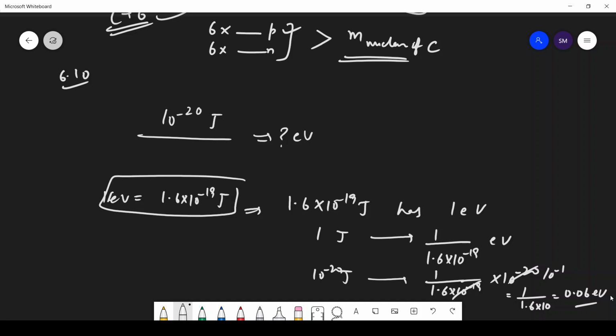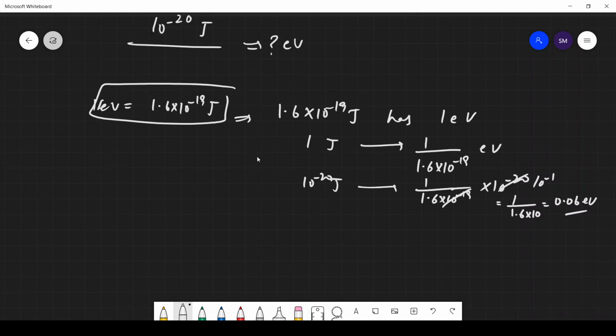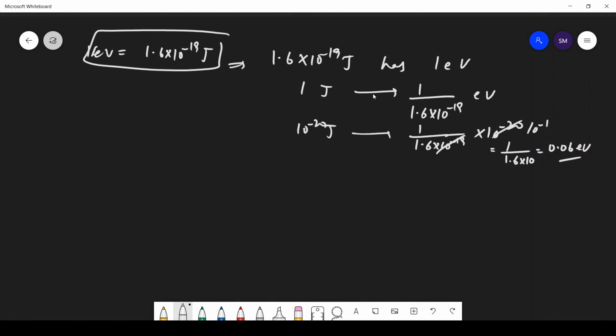Now again, these are very small energies, so it's better to express them in smaller units, and this we can write in milli electron volt also. So how to change it into milli electron volts, students? Chain rule. I want to remove this eV, okay, and I want to bring milli electron volt.